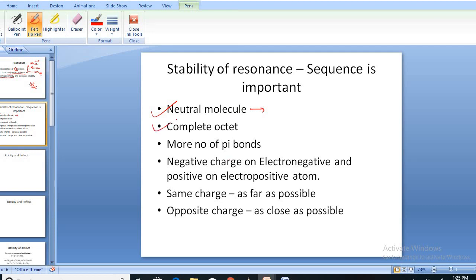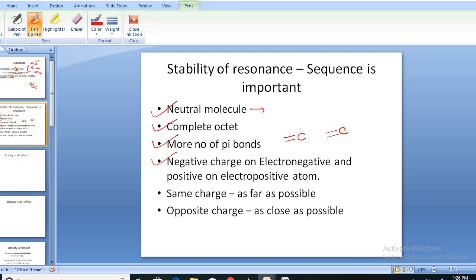Next is going to be complete octet. Then you have more number of pi bonds, okay, and negative charge should be on an electronegative atom, and if it's an electropositive atom then there should be a positive charge. Let me give an example. Let's say I have an sp2 carbon, and another sp2 carbon.